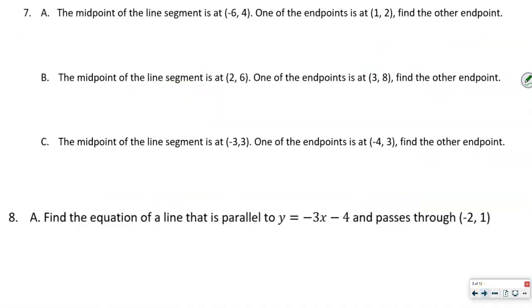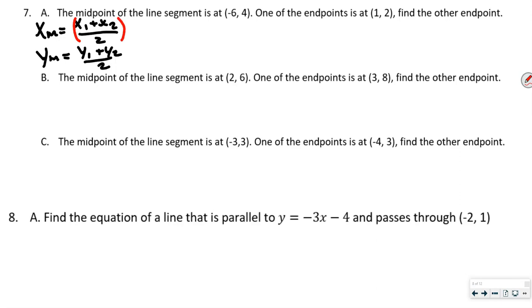All right, so the next one, this is the formula y'all learned. I'm going to show it to you over here on the left. XM is equal to X1 plus X2 divided by 2. YM is equal to Y1 plus Y2 divided by 2. Now, one of my students came up with a great hack, and I want to show you why.